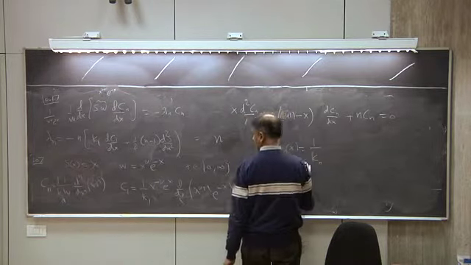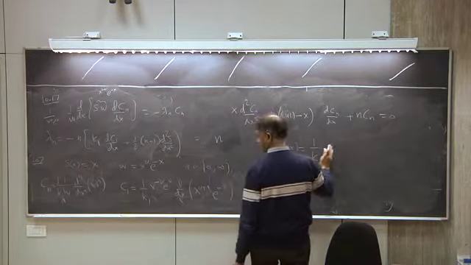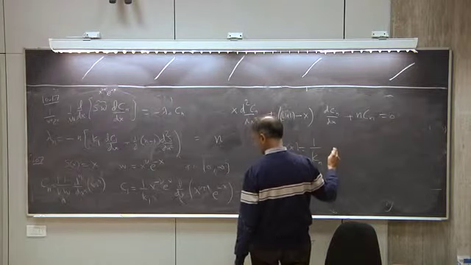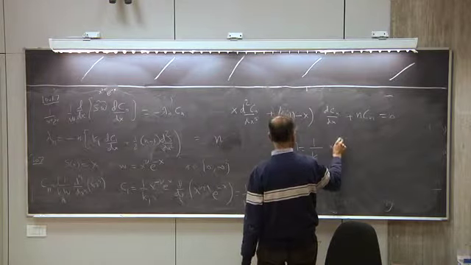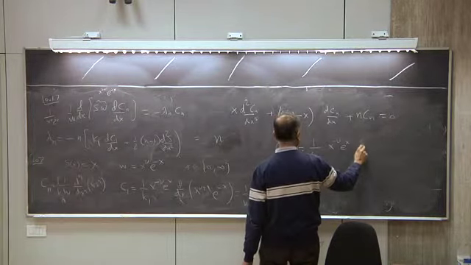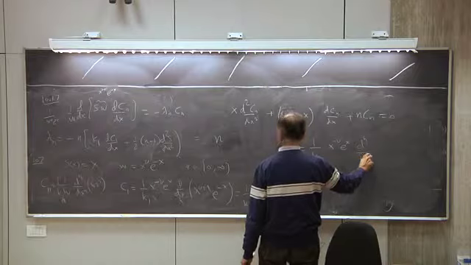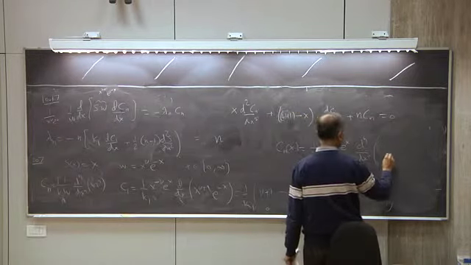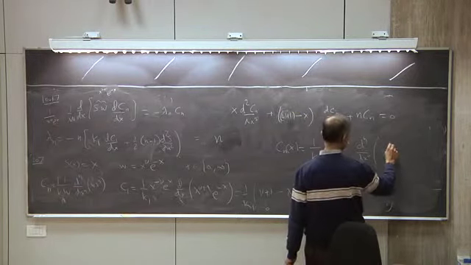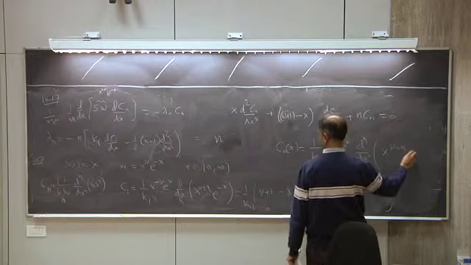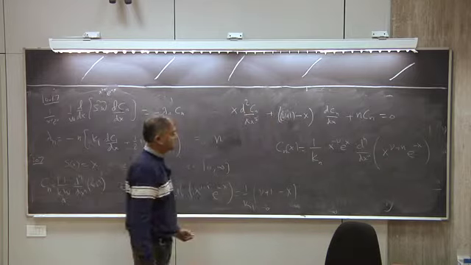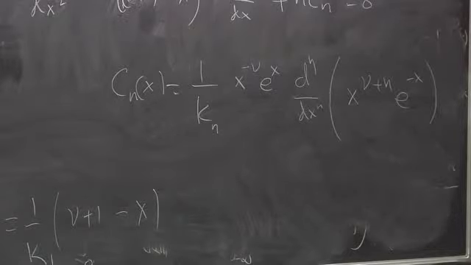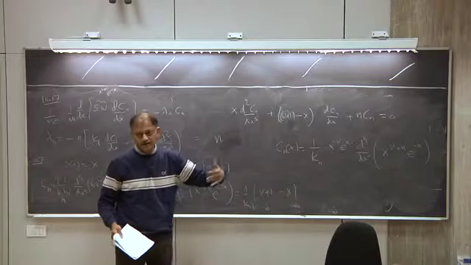But apart from that, you get here w, which is x to the minus nu e to the x, and then you have dn by dxn acting on x to the nu plus n times e to the minus x, right? We are looking at the largest power of x, x to the n. After all, this is an nth degree polynomial, so the highest power is x to the n.